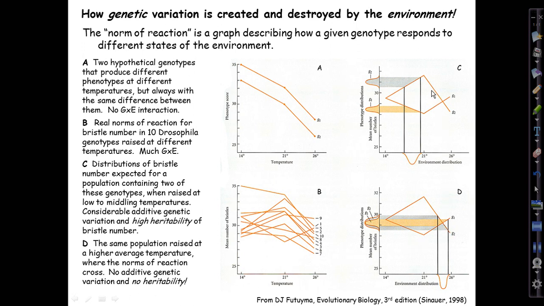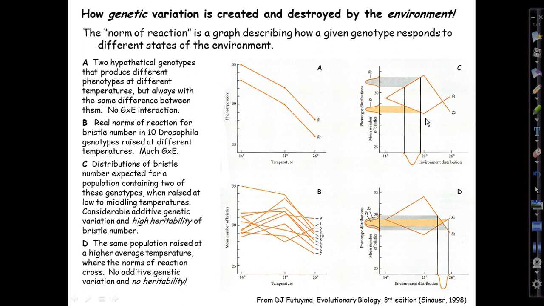How can that be? Right? We have the same genes, the same two genotypes in environment C and environment D. In one, we have huge heritability of the trait, strong response to selection. Here we have no heritability to speak of, no response to selection.